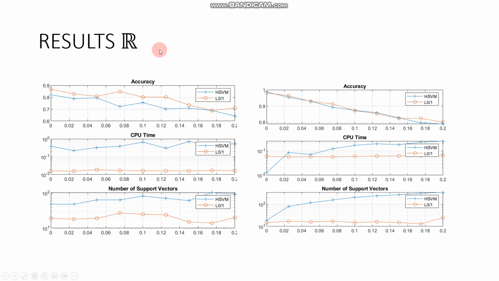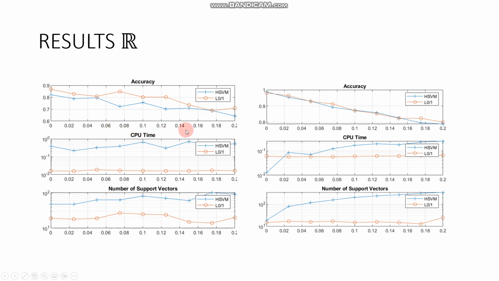First, I will focus on the experiments with data sets having features whose values are continuous or real values. We have two different experiments actually here. Actually, I have more in my paper, but these two are the ones I have taken from my experiments. In general, we see that for accuracy, our brand new SVM performs well in all cases.